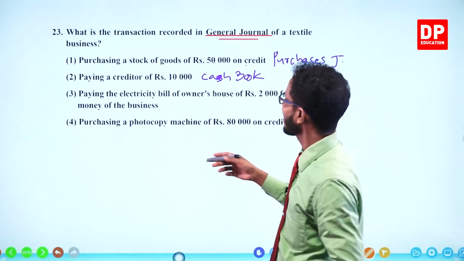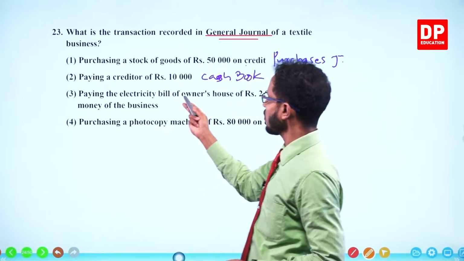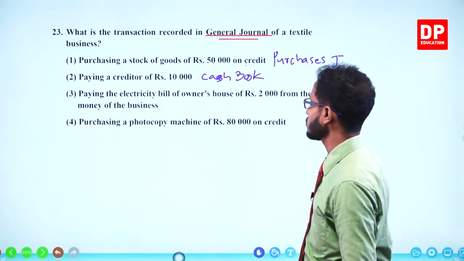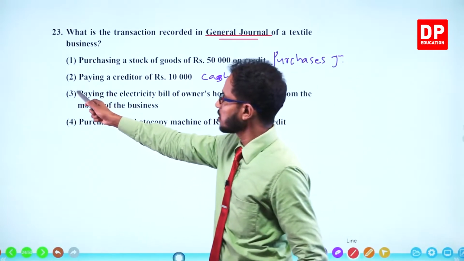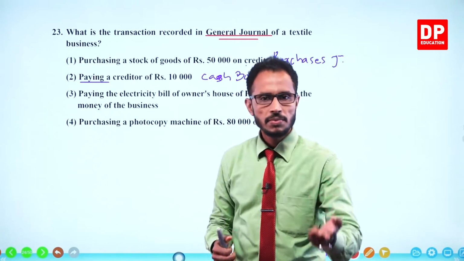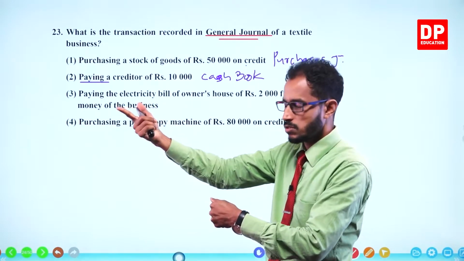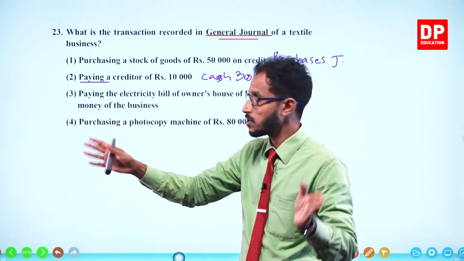Paying the electricity bill of owner's house, 2,000, from the business money. Now paying means cash payment, money goes out. Should be recorded in the cash book.